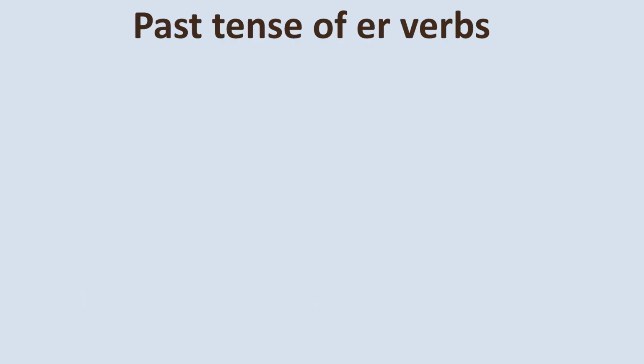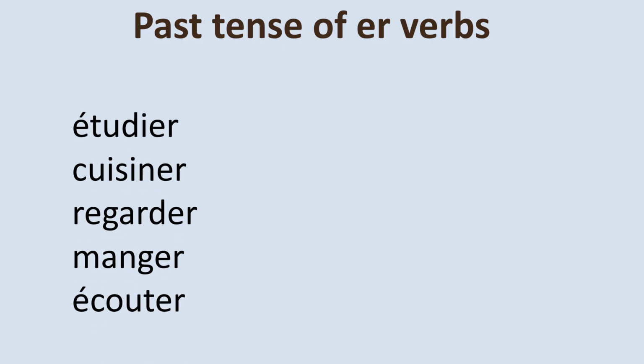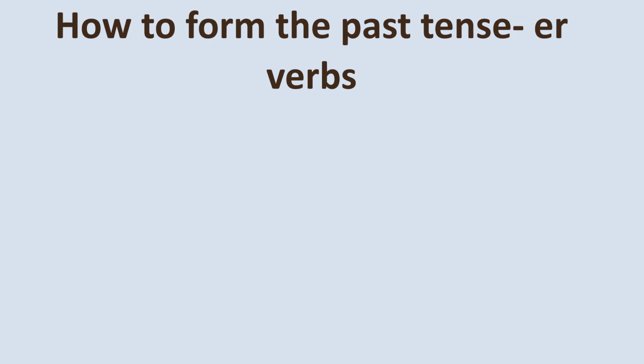So now that we know a few verbs, we're going to change those verbs which are in the infinitive form to the past tense. We're looking at étudier, cuisiner, regarder, manger, and écouter. How do we form the past tense using ER verbs?